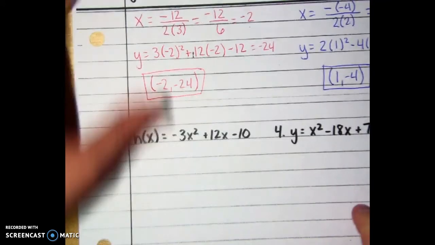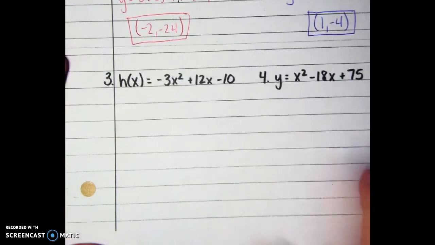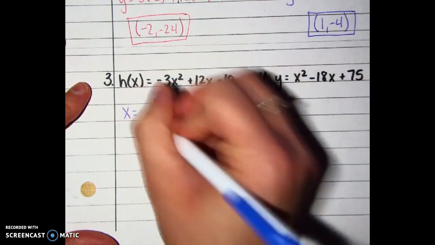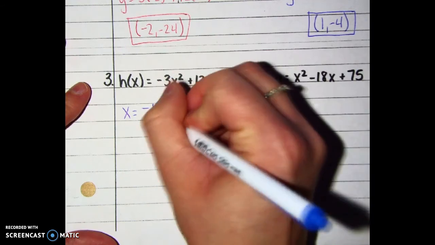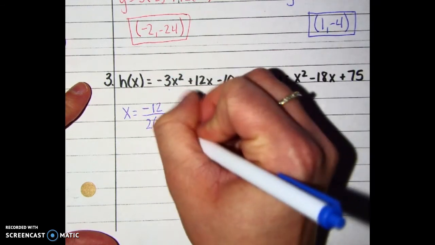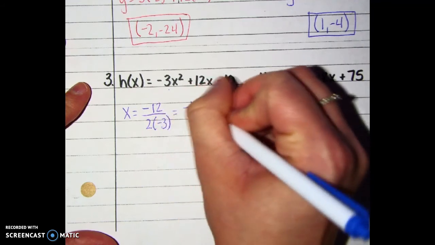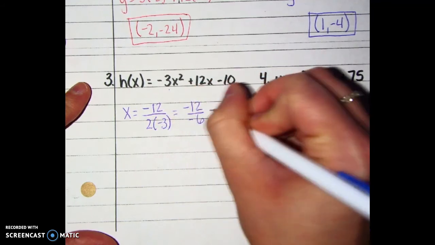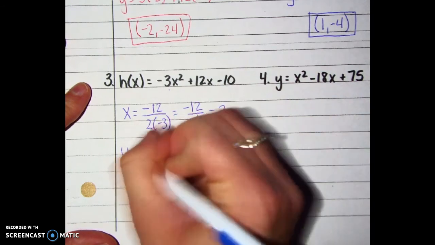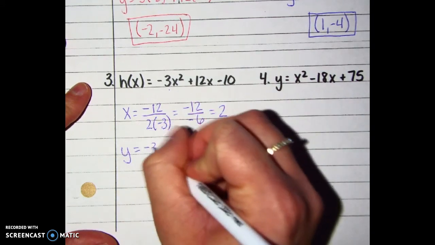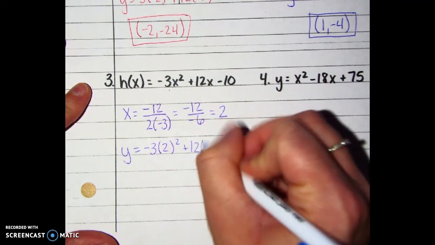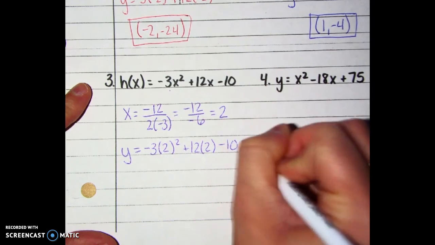Okay. Down here I have h of x equals, that's the same thing as saying y equals, so I'll start with the x. So negative, and then the b is 12, over 2 times a, which is negative 3. This becomes negative 12 over negative 6, which simplifies to 2. For the y, it's going to be negative 3 times 2 squared plus 12 times 2 minus 10.